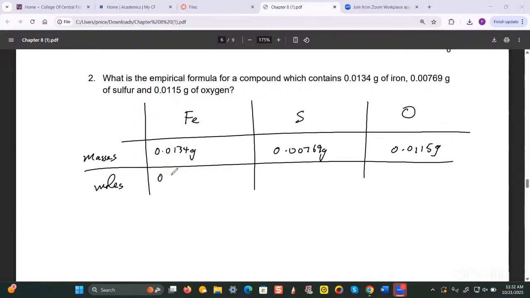It's 0.0134 grams multiplied by 1 mole over the molar mass of iron. You can see from here, it's 55.85.